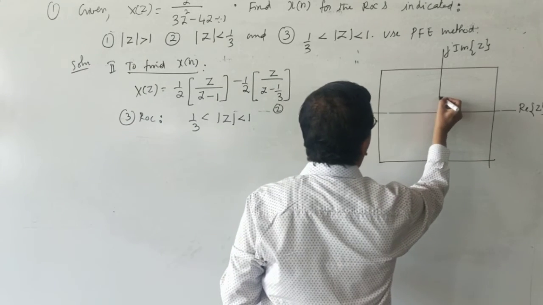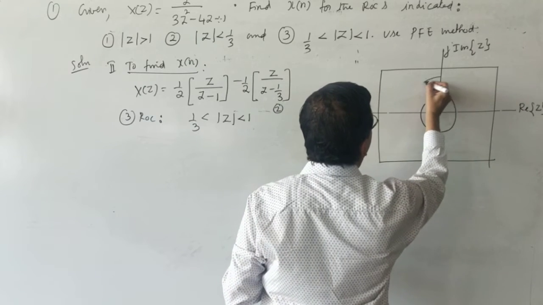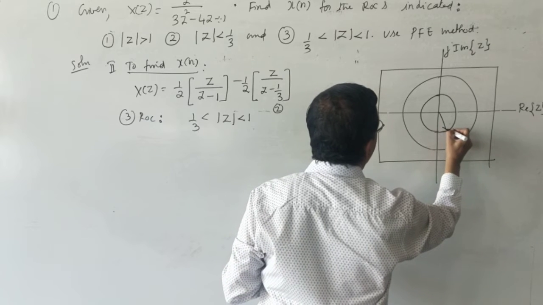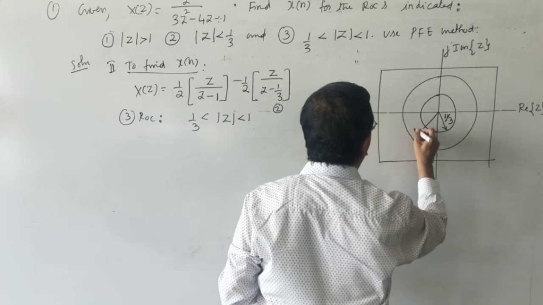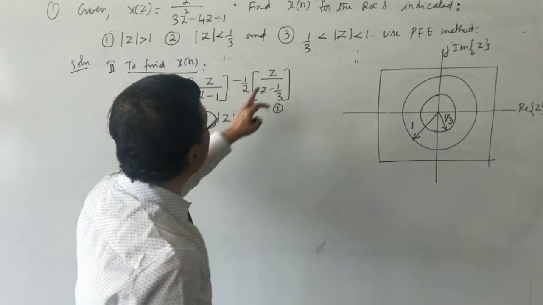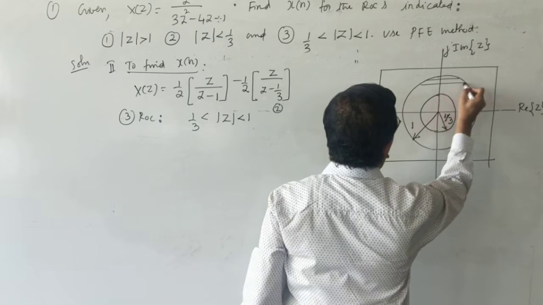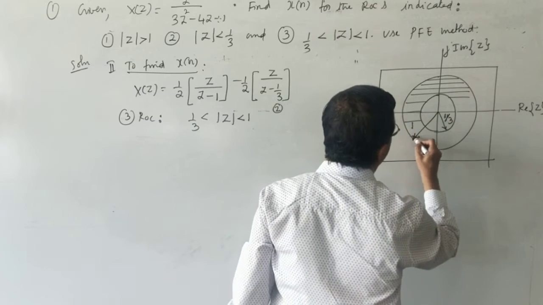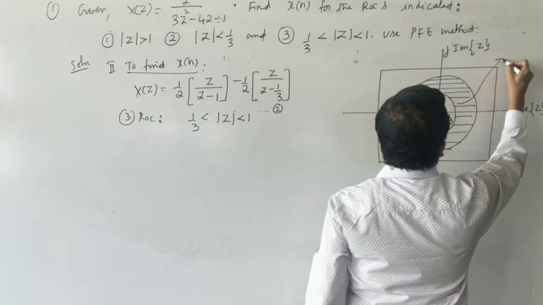I will draw two concentric circles having radii 1 by 3 and 1. Mod Z lies between 1 by 3 and 1 means the annular region between these two concentric circles is the ROC.